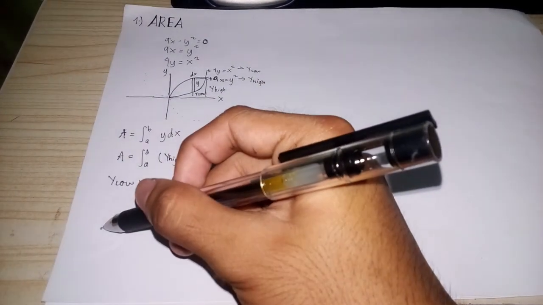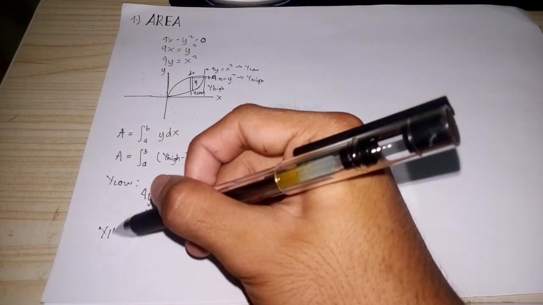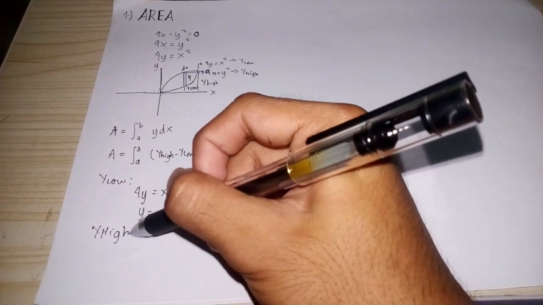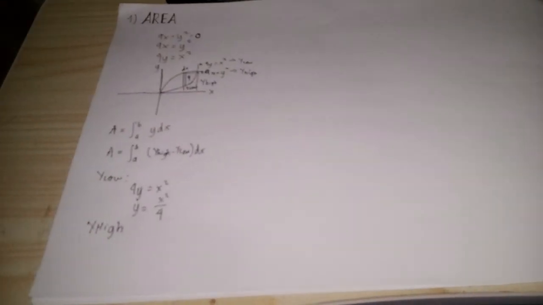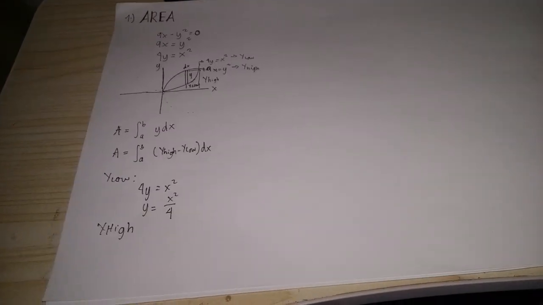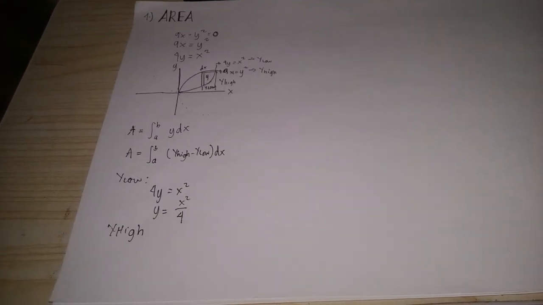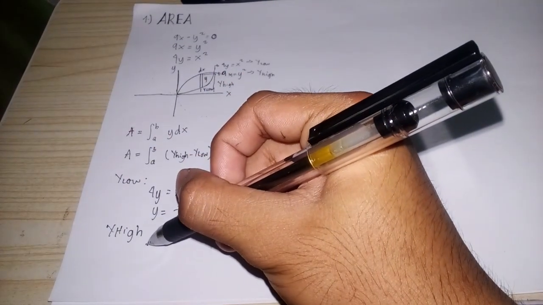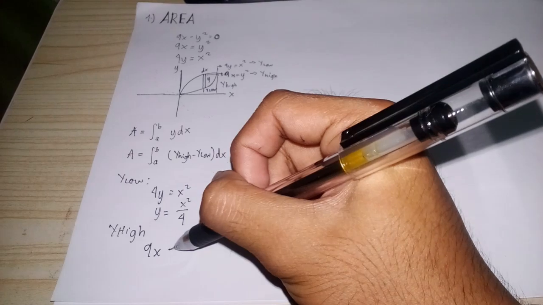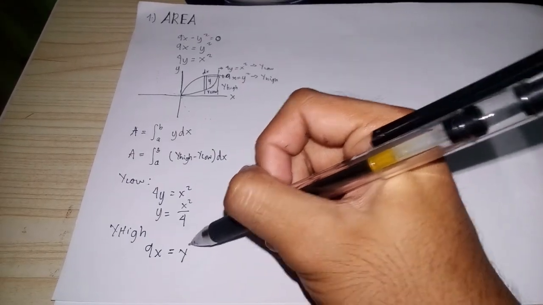Then solving for y high, so our y high is 9x equals to y squared.